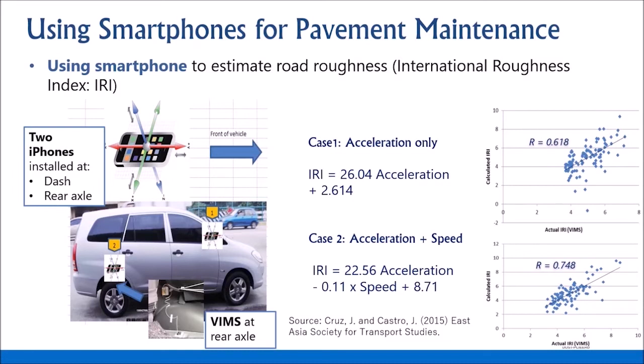But if we use acceleration plus speed data, the fit will be much higher. So this shows that the iPhone sensor has a viable accelerometer that can be used to measure road roughness, and acceleration and speed parameters result in more accurate IRI values.